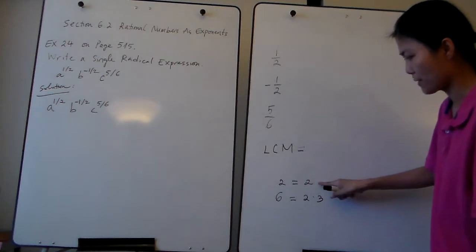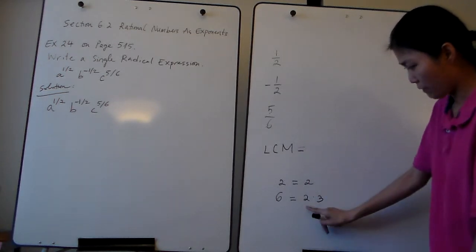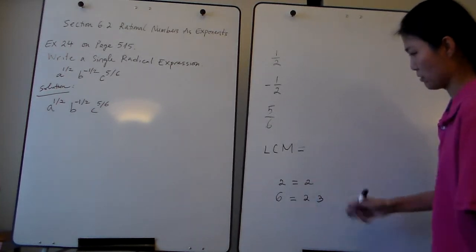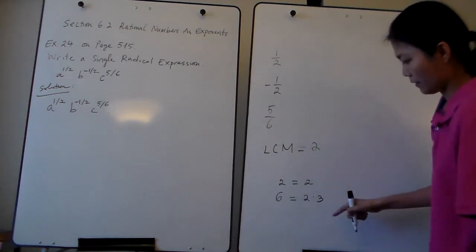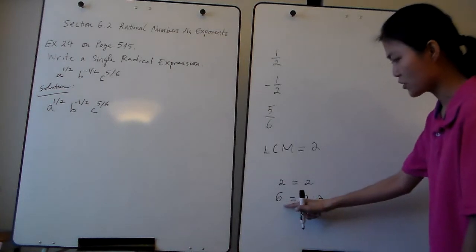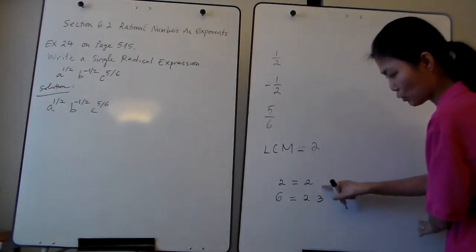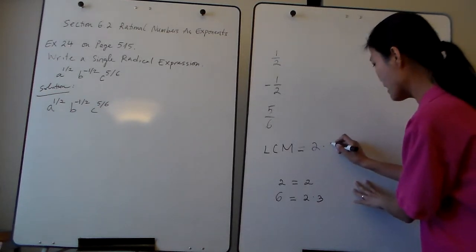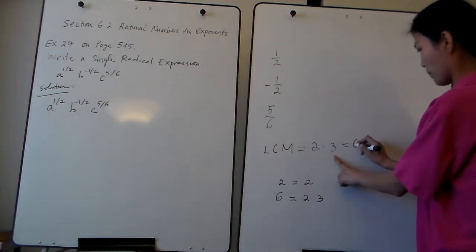So for the factor 2, it happens only one time, because both are raised to the first power, so you only need to put 2. And 3 does not appear here, but 3 is in the 6, and 3 happens only one time, so you include this as part of the LCM. So the LCM is 2 times 3, which is 6.